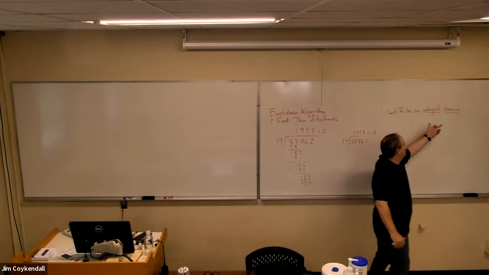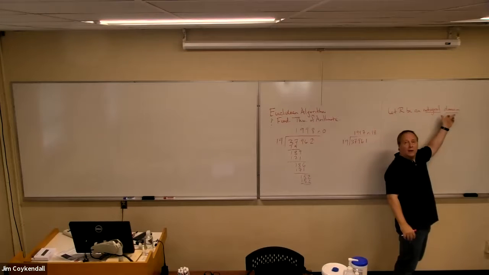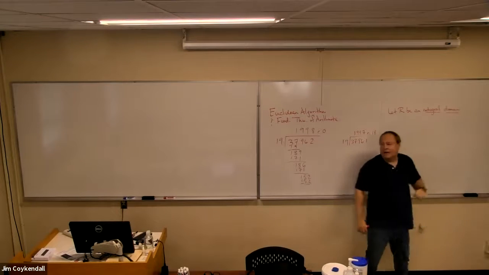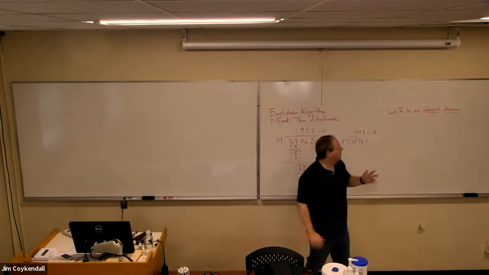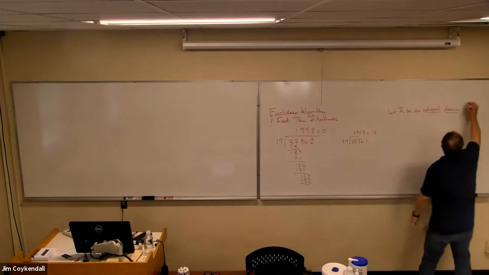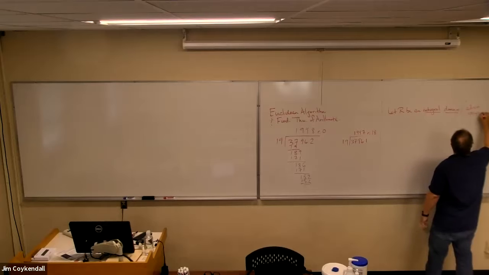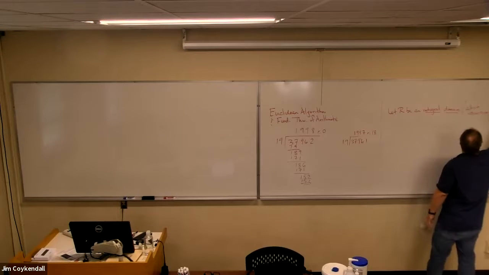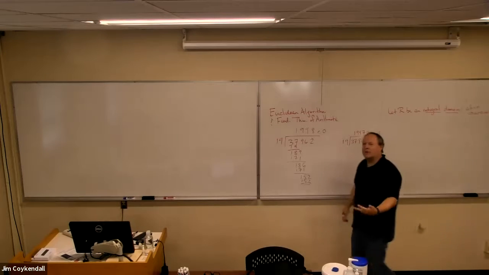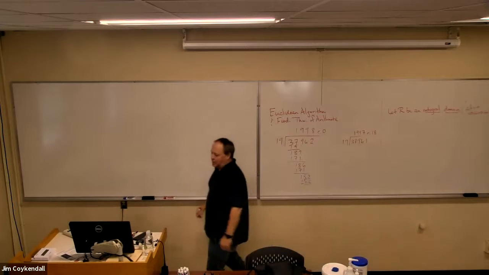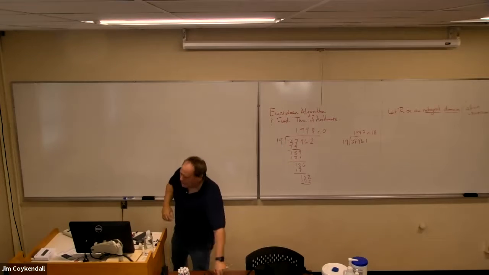An integral domain also means that it has no non-zero zero divisors. What this means is the equation AB equals 0 implies A equals 0 or B equals 0. So you can't have 2 non-zero things multiplying together to give you 0.